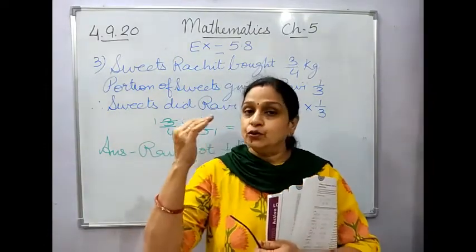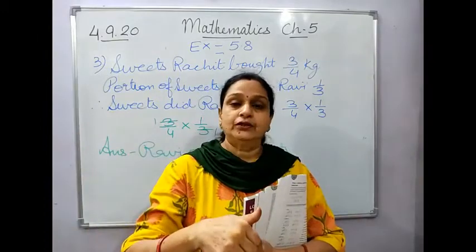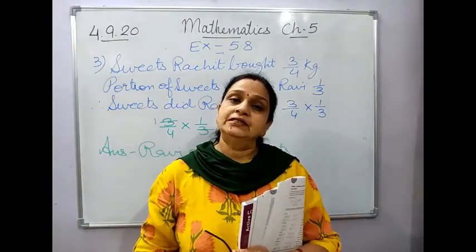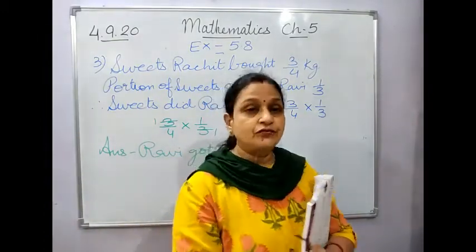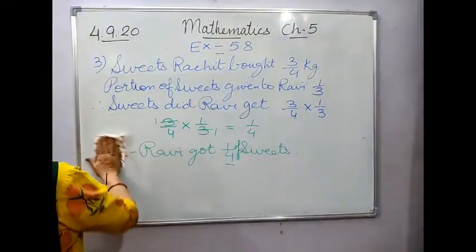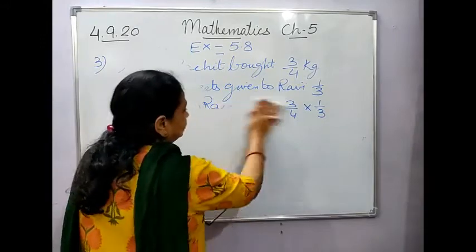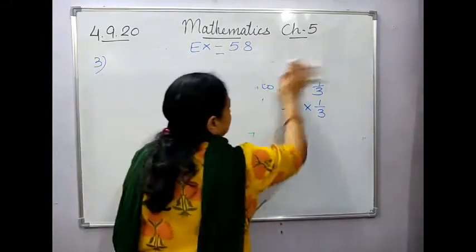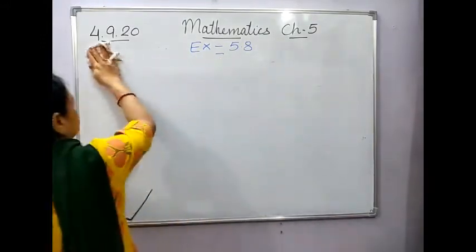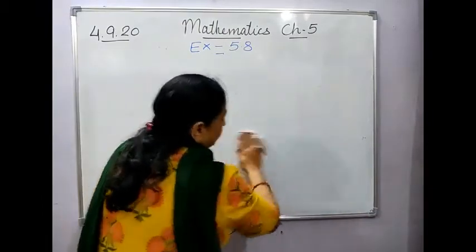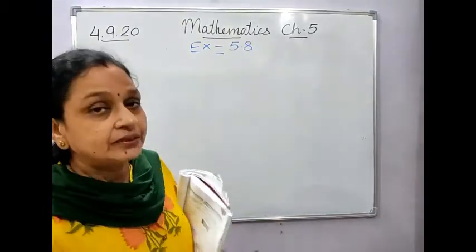So whenever you know something for more and you have to find out for the less one, you always divide. So first of all, you should understand what actually you have to do in the sum, and then form the statements and then the solution. Is it clear?